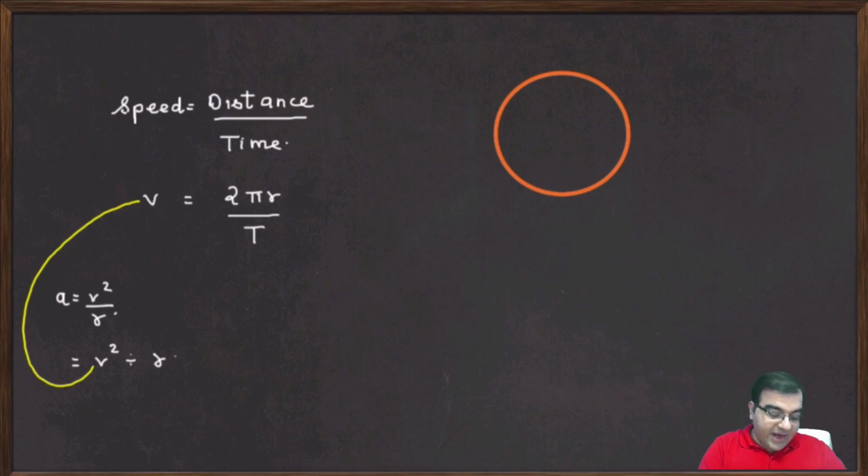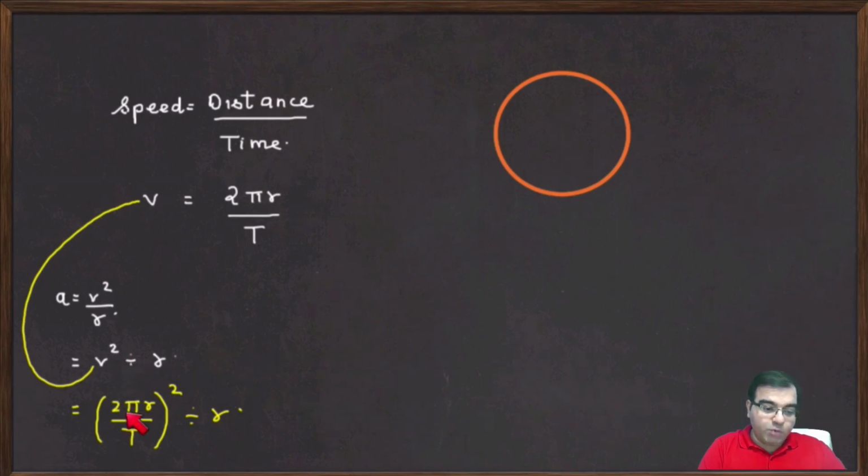So I can write this v square upon r, and instead of this v square, I'm going to substitute 2 pi r upon T. So I have 2 pi r by T the whole square divided by r. Now if I solve this, 2 square is 4, pi square is pi square, and r square is r square.